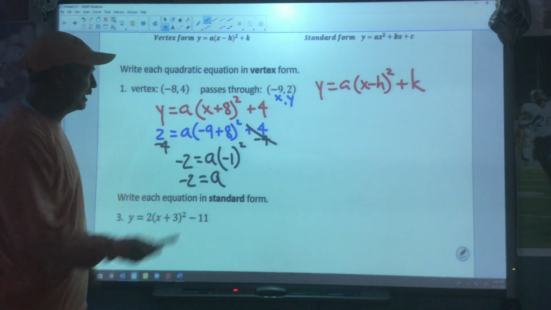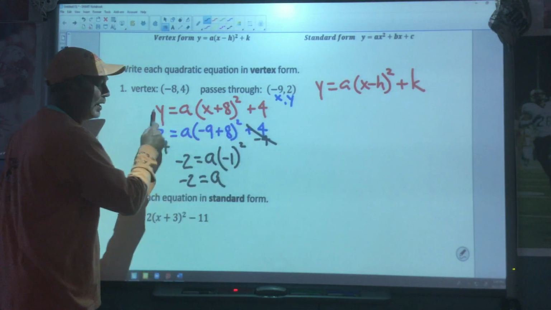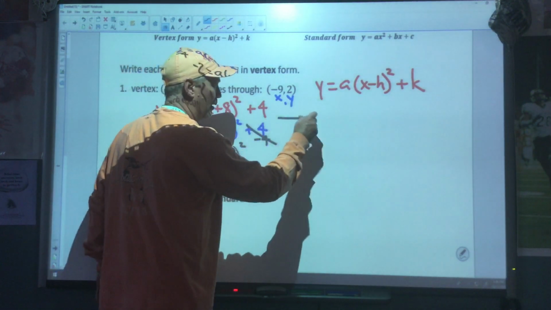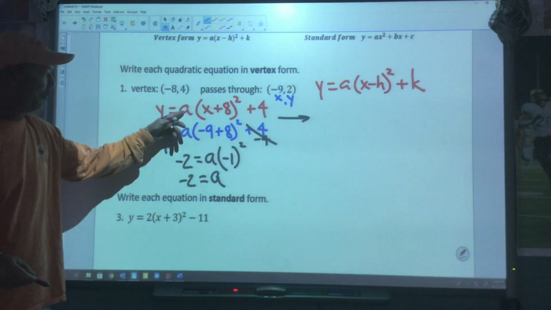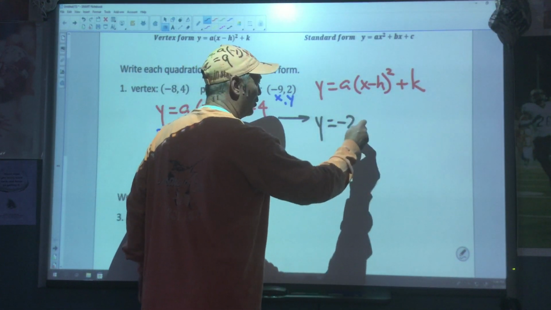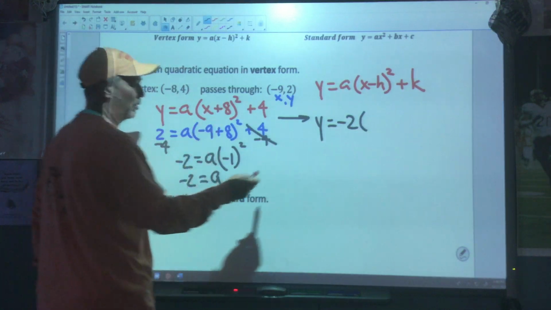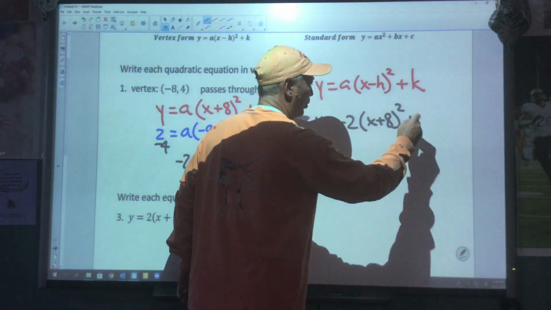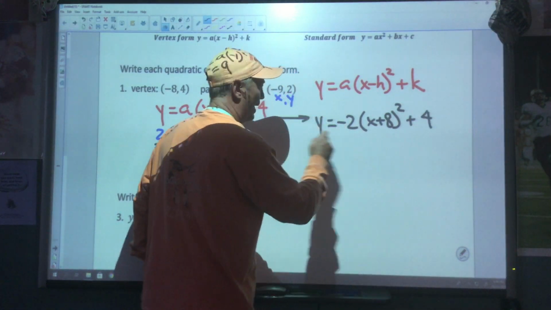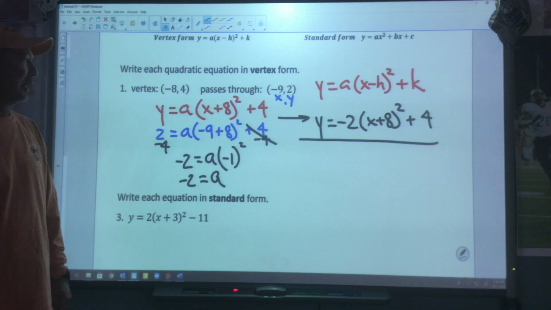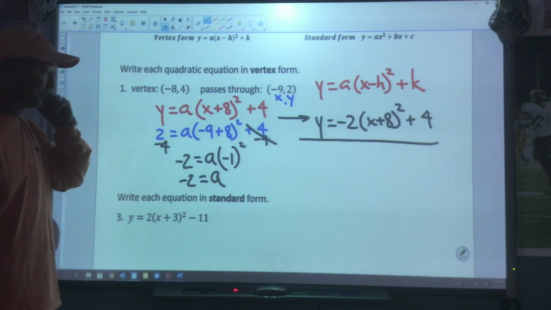This is what is missing right here in this equation. So when we put in a negative 2 for the a value, we end up with y equals negative 2(x plus 8) squared plus 4. That's your final answer. Okay? That's how you solve for your a value.